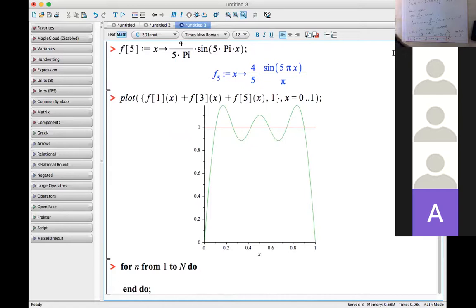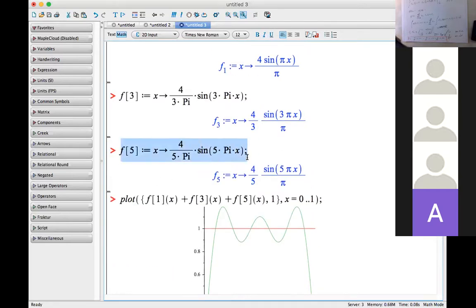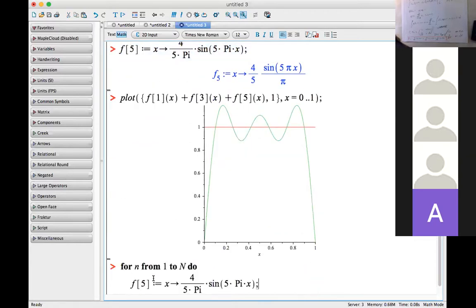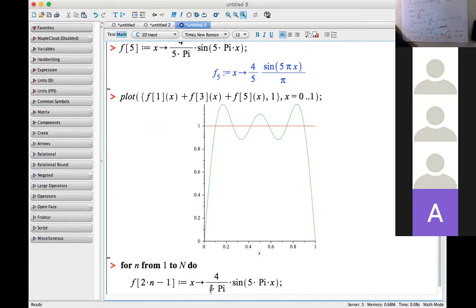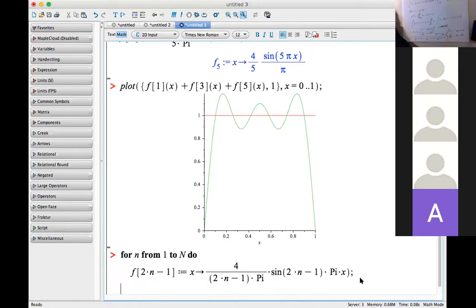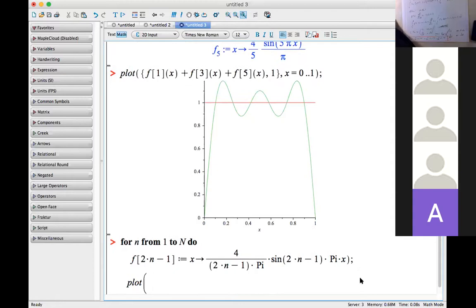And suppose I want to define the function f of 2n minus 1, and plot the sum of f of 2 times n minus 1 of x, x going from 0 to 1.